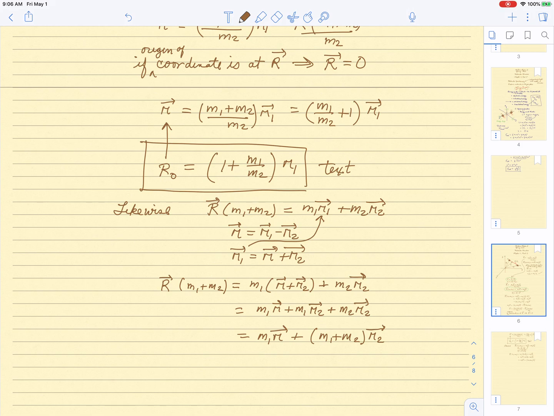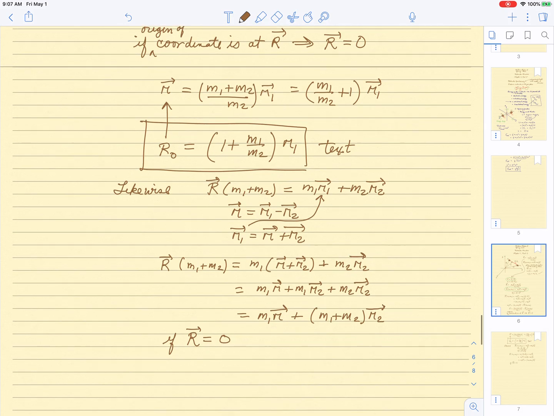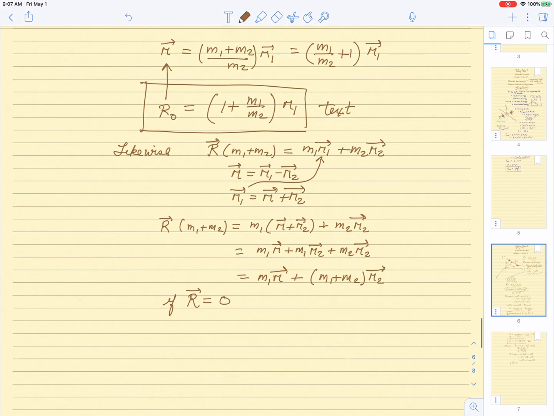And then we can, again, play the same game, right? So if the center of mass is now at a coordinate origin, then we can solve for R again.